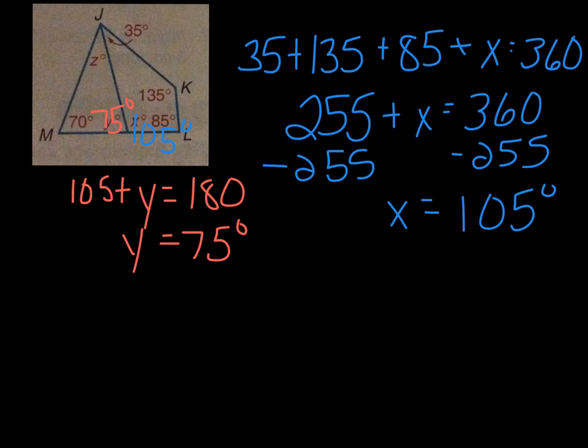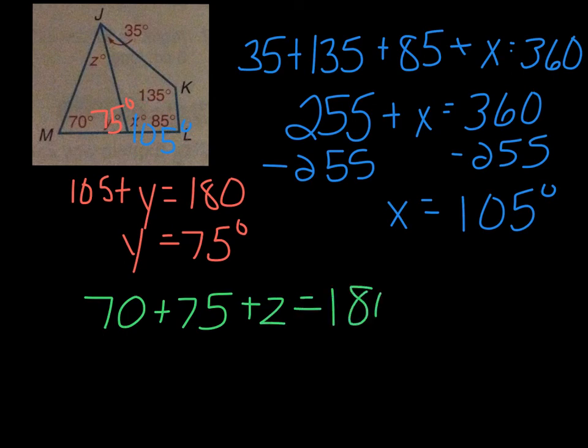Now I have two of the angles for the triangle. So I have 70 plus 75 plus z, which I still need to figure out, equals 180 degrees. 70 plus 75 equals 145, plus z equals 180.